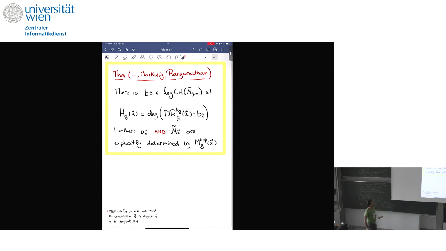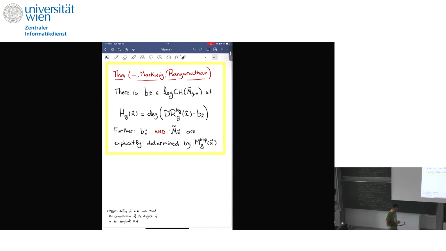This theorem that Hannah Markwig, Dhruv Ranganathan and I put out on the arXiv about, I don't know, six months, a year ago, says that the double Hurwitz number H_g(x) can be computed as an intersection number in the logarithmic Chow ring of M_{g,n} bar.